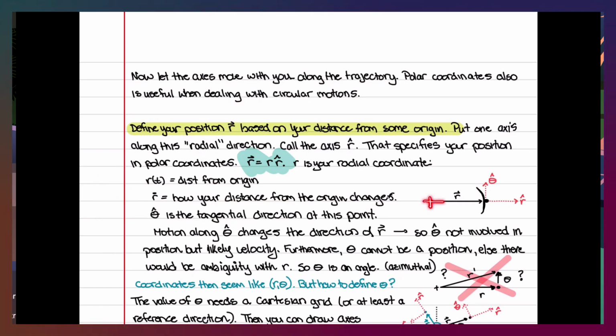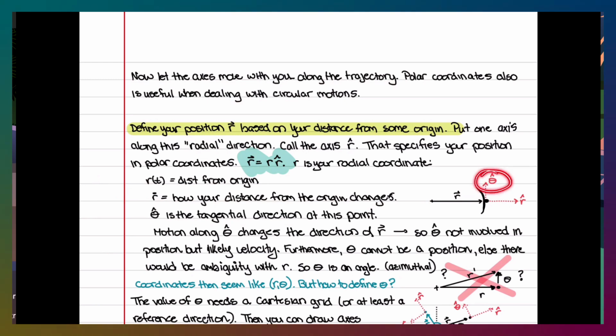So if our position is based on position from the origin, then this second dimension, which we do need because this is a 2D coordinate system, can't have a position associated with it, because that only tells you how your position vector will change, not give you a position itself.